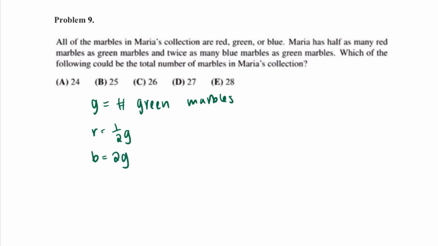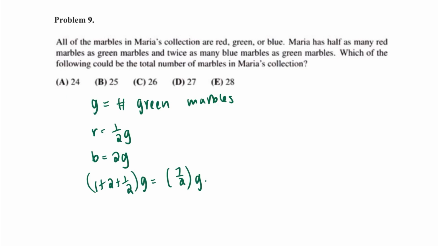So all of the marbles in Maria's collection are either red, green, or blue. So her total amount of marbles is 1 plus 2 plus half G, which equals 3.5G, or 7/2 G.